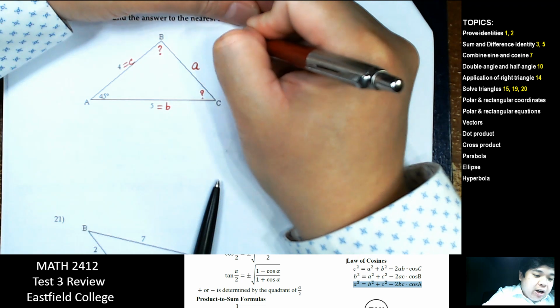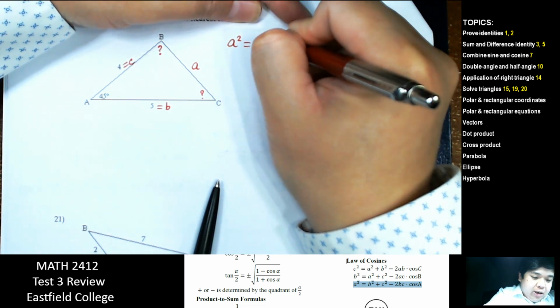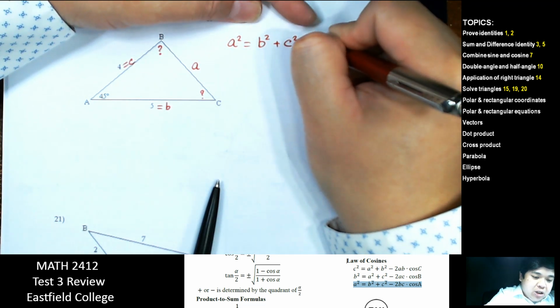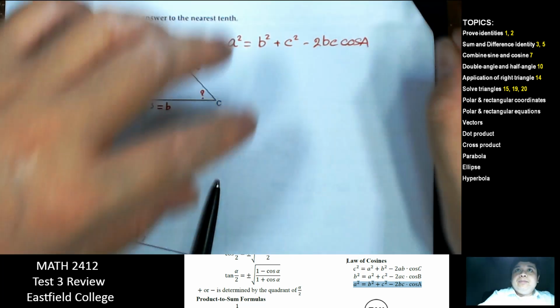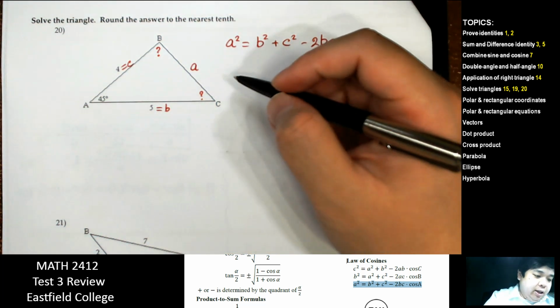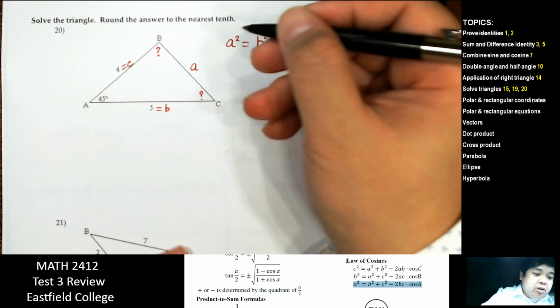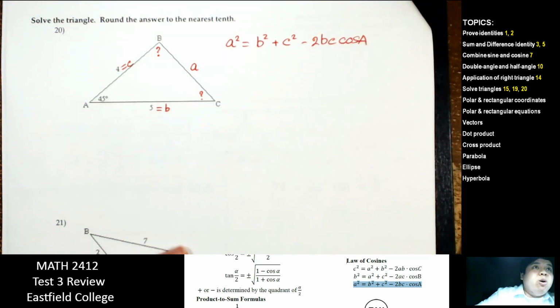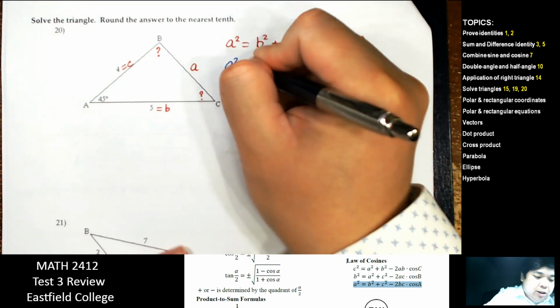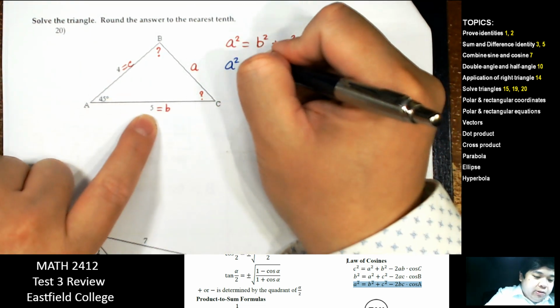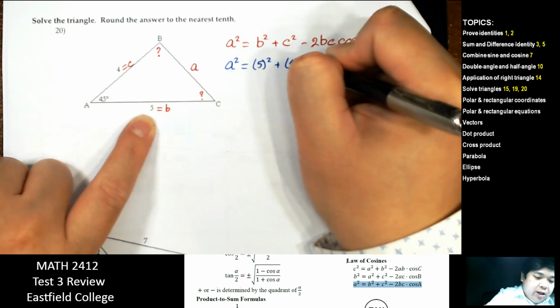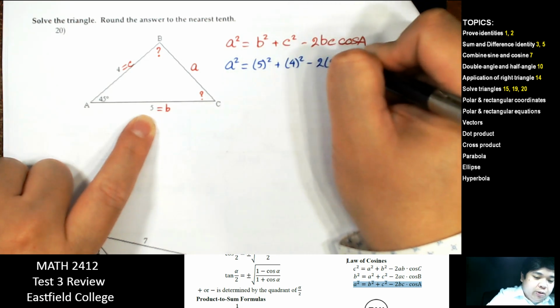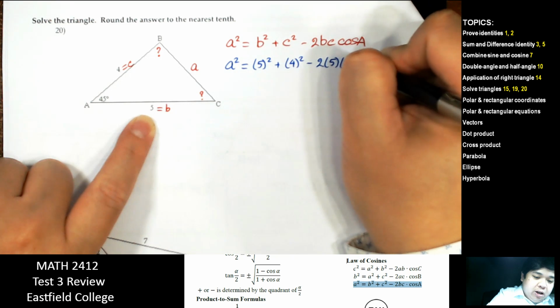So law of cosine: A squared equal to B squared plus C squared minus 2BC cosine A. A squared, don't know, but that's fine, we're looking for it. B squared 5, C squared 4 squared minus 2, 5, 4 cosine of 45.